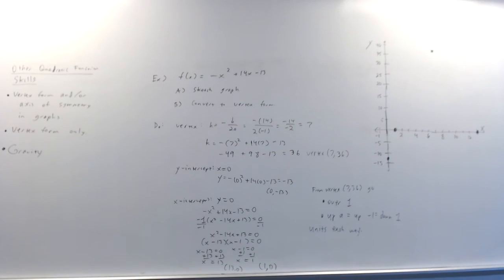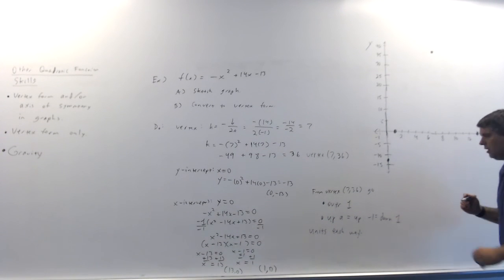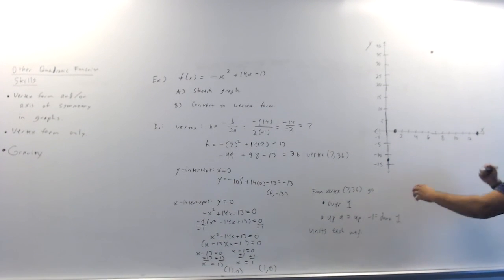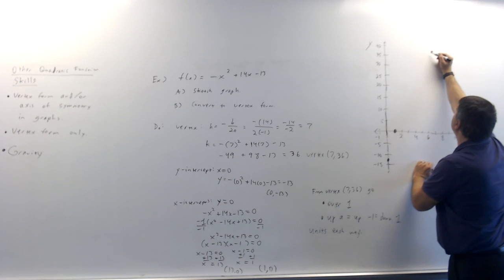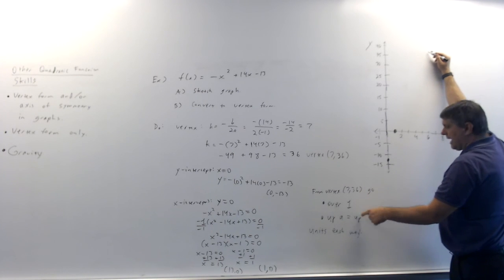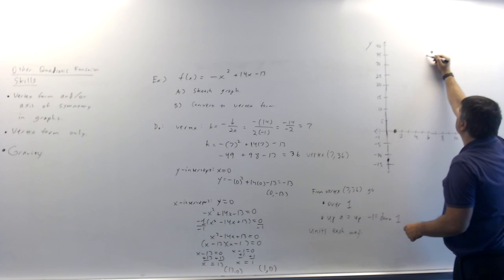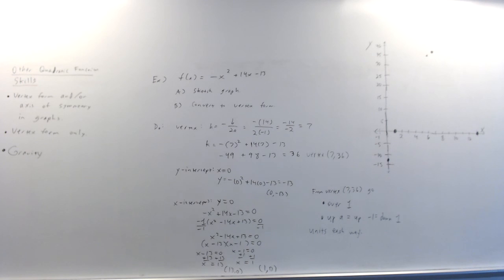So, okay, having taken care of this, all right, we're now actually going to do it. So I'm going to go over 1 from 7, and over 1 would be to 6, and then down 1 would be down to 35. Make sure that that looks the way it should.